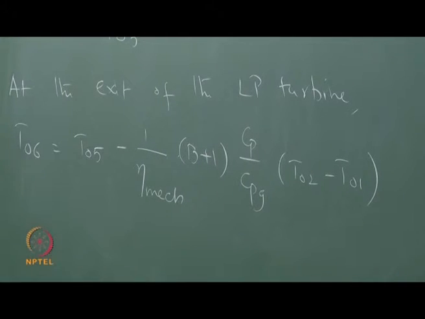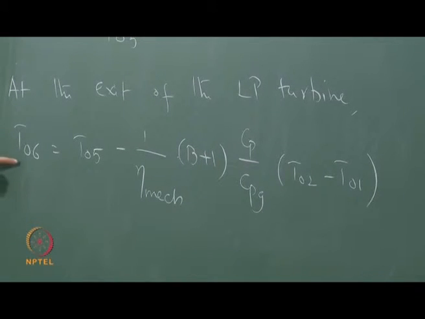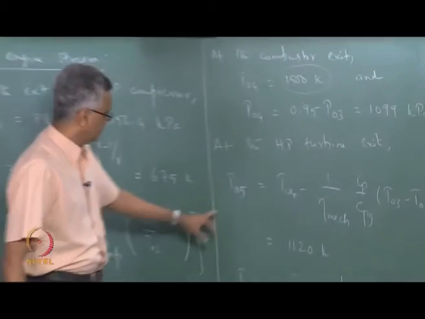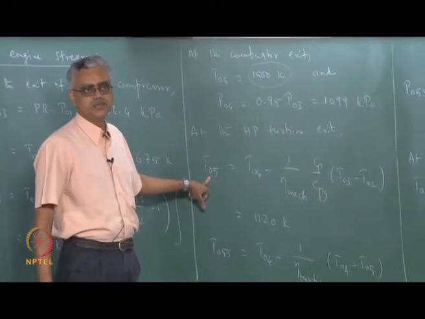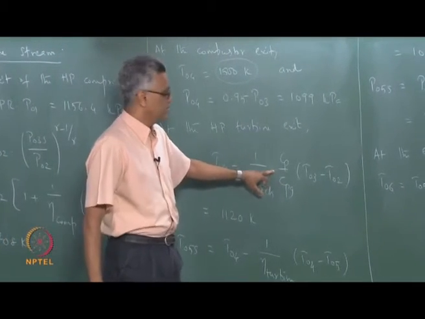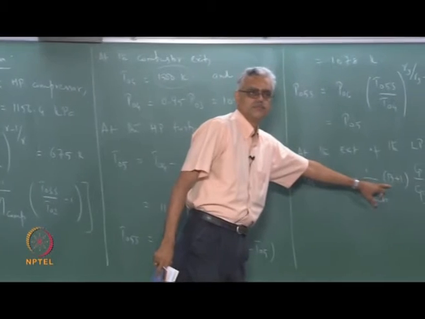Notice that the expression for the exit stagnation temperature of the LP turbine is a little bit different from the expression for the exit temperature for the HP turbine, mainly because there is no mass flow rate here, but there is a B plus 1 here.